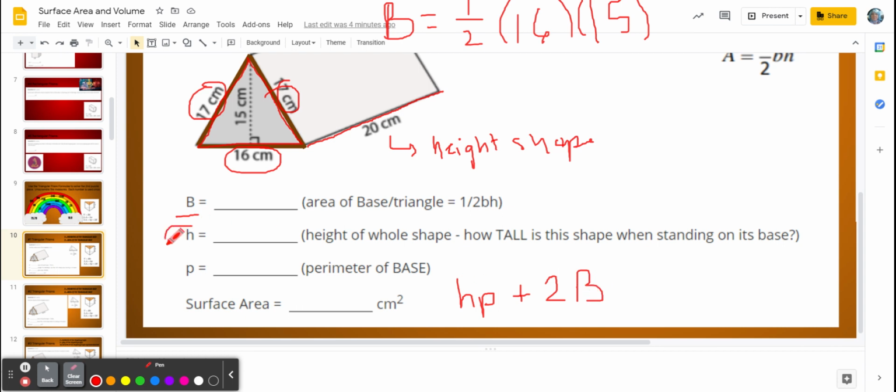That's the height, the perimeter, and the area of the base. So big B is always the area of the base. We found the height of the shape, that was 20. We found the perimeter, that was 17 plus 17 plus 16. So is that 50? And then plus 2 times the area of the base, and we got 120 for the area of the base.